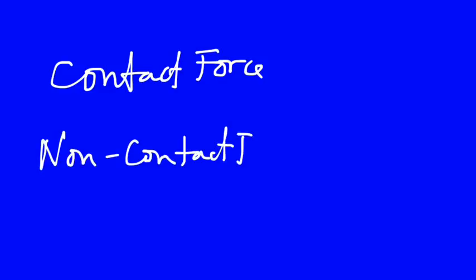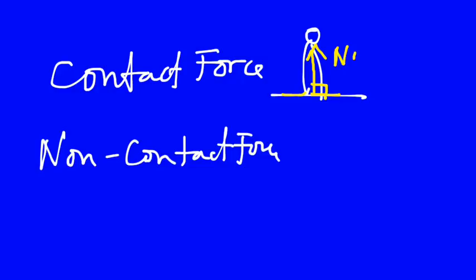Now, in general, there are two types of force: contact force, and secondly, non-contact force. So an example of contact force is, for example, when you are standing on the ground like this, then the ground will give you a contact force which is perpendicular to the surface of the ground, and it's called normal.